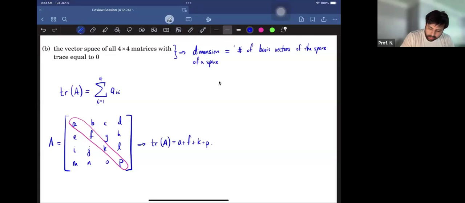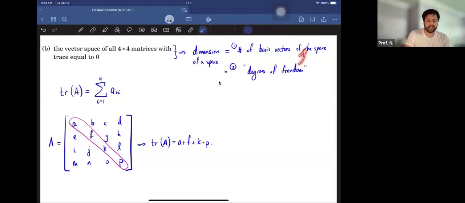That's the first way to think about it. The second way to think about it is, quote unquote, degrees of freedom. Again, they're the same idea. They're the same thing.